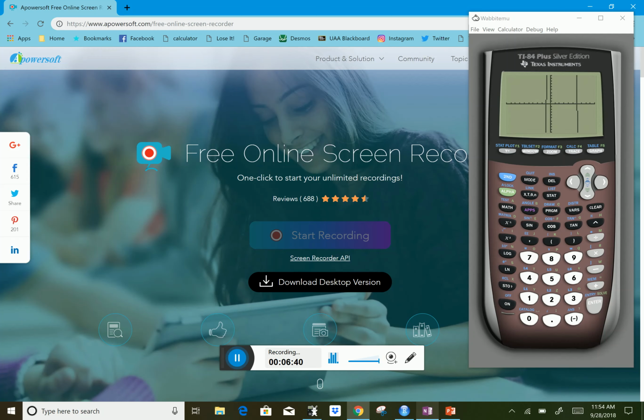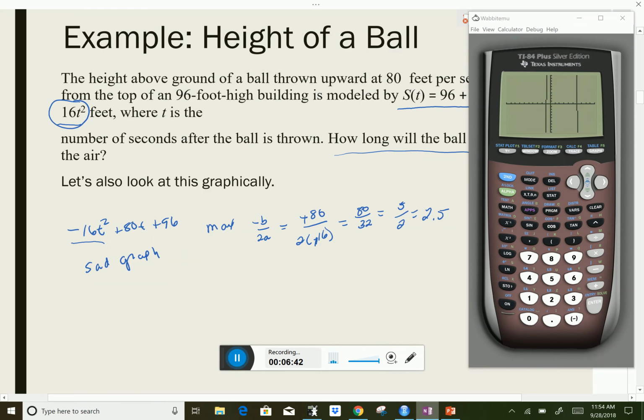So if we go 2.5, let's just go ahead and find out what it is. So let's get my y function here. What is my y function at 2.5?